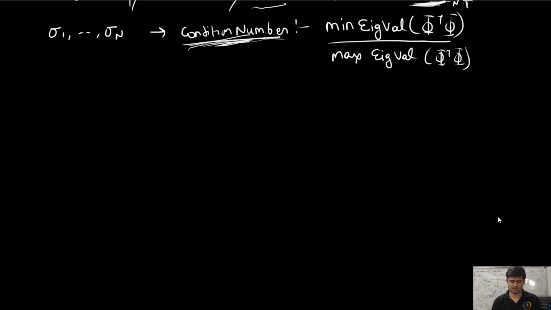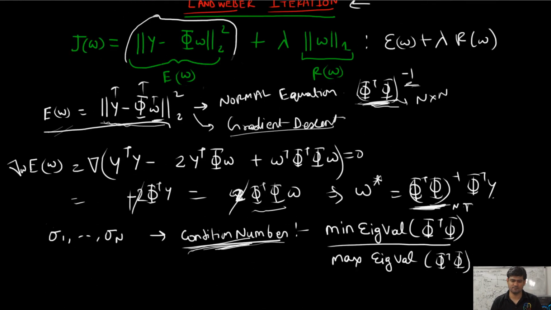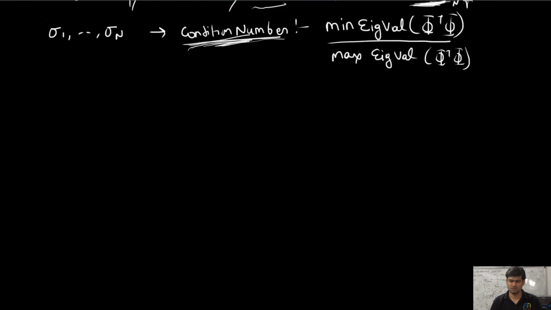So now we will construct a function g of k, or simply a function g, that will allow us to minimize this loss function E of w without requiring us to invert this matrix. As we discussed earlier, the function g of w should satisfy the two constraints that we discussed earlier.